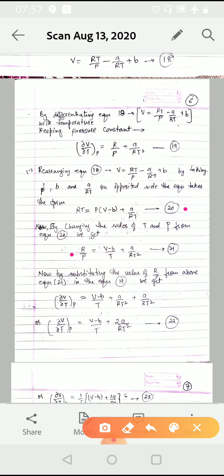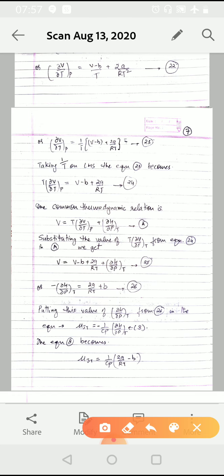Now by substituting the value of R/P from equation 21 in equation 19, the expression becomes (∂V/∂T)P = (V − b)/T + a/RT² + a/RT², or (∂V/∂T)P = (V − b)/T + 2a/RT².